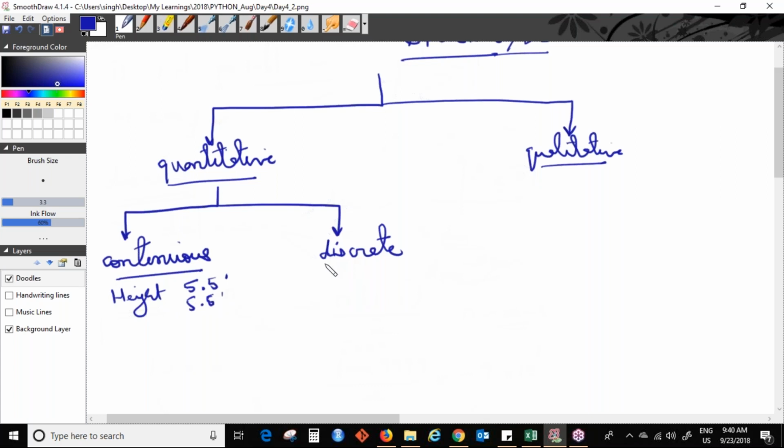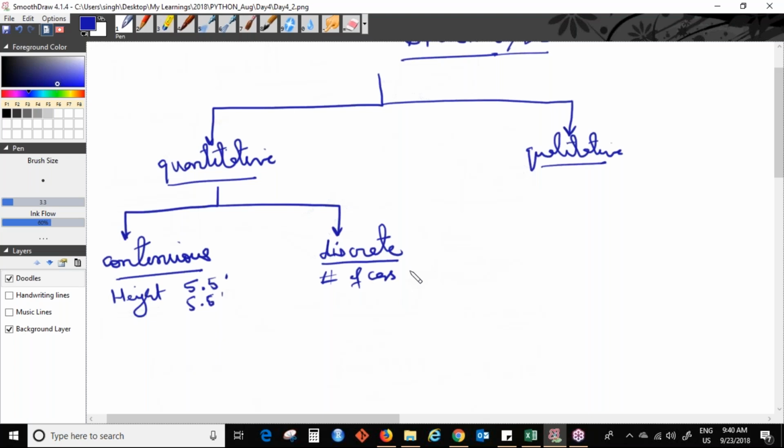Now some quantitative variables cannot take decimal numbers. For example, the number of cars somebody has. You cannot have 1.5 cars, it doesn't make sense. Or number of children, number of family members, number of dependents a person has. There is no decimal place that can exist in such variables. These are known as discrete variables.